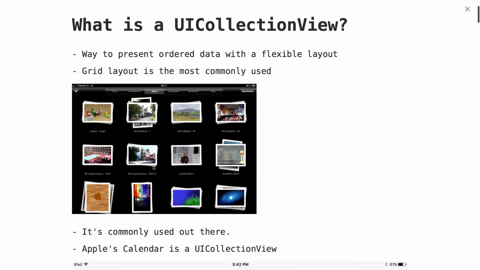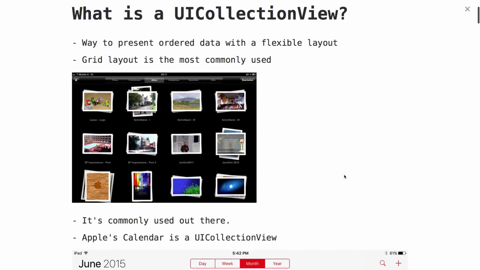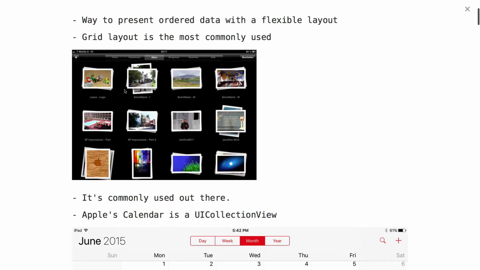The classic example of a collection view is the old school Photos app. You can see this is a stack, I think a section of cells that are all stacked up like this, and then you can pinch to open them into another layout.